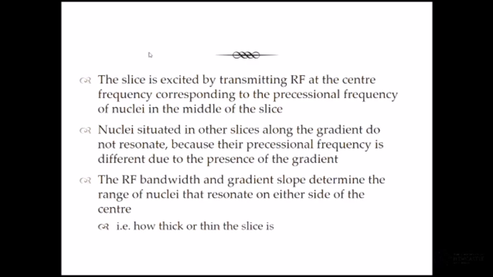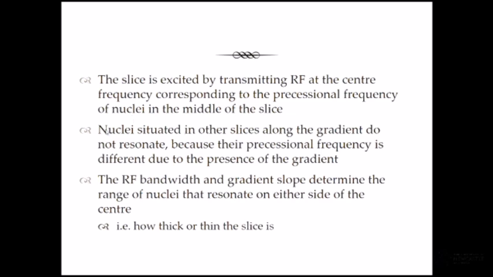The slice is excited by transmitting RF at the centre frequency corresponding to the precessional frequency of nuclei in the middle of the slice. So that's the idea of that bandwidth. We pick the centre of the slice, we transmit frequencies slightly different either side if we want to, depending on how thick we want that slice to be.